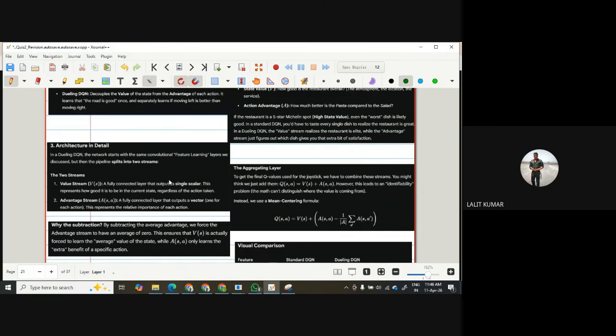And the formula is very, very important. Then we join them, we aggregate them. The formula is Q(s,a) equals V(s) plus A(s,a). And when we use the mean centering formula, then Q(s,a) becomes V(s) plus A(s,a) minus 1 divided by |A| times the summation of A(s,a').